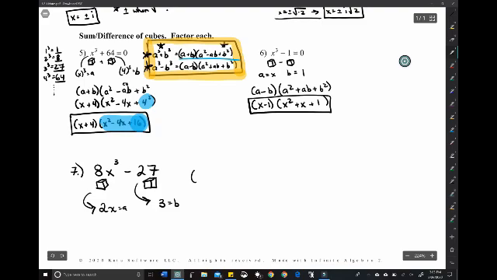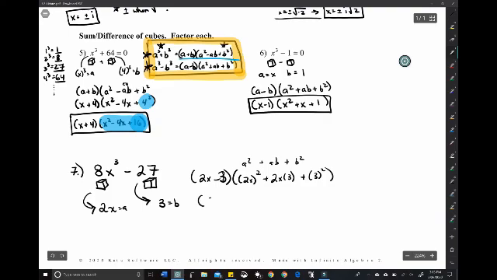So 2x minus 3, or b. The first one squared, so a squared. Now be careful, that's 2x squared plus a times b, which is 2x times 3, and then plus b squared, or plus 3 squared.